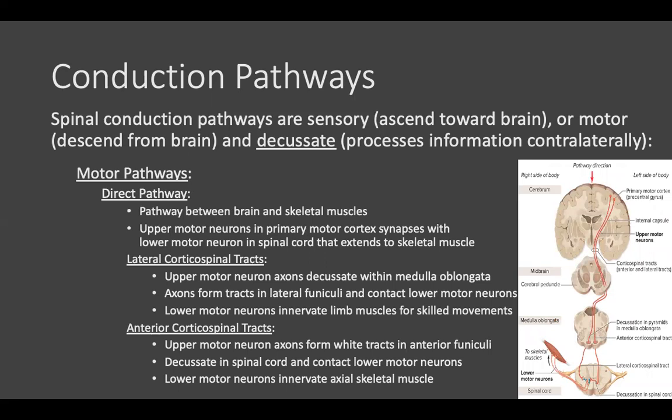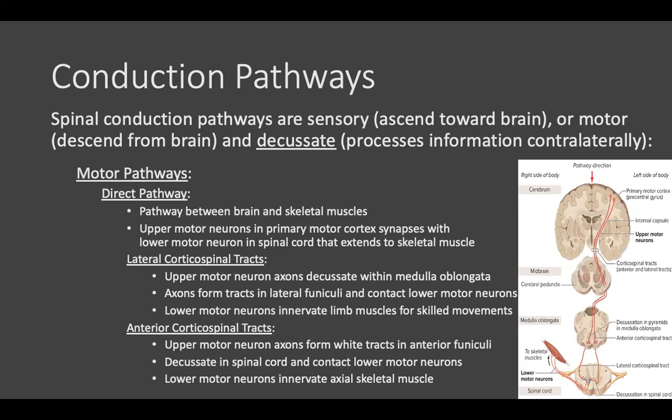We're going to have lateral or anterior corticospinal tracts. And the functionality of this is that these can either be ipsilateral or they can decussate in terms of them passing over the midline or not.